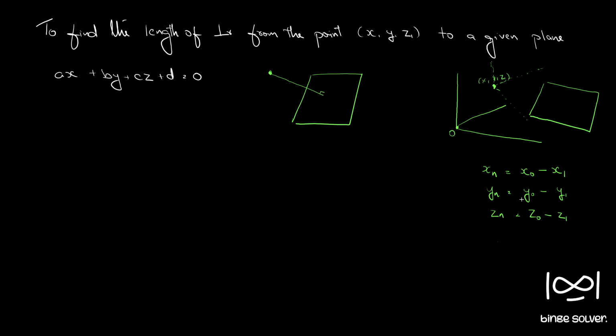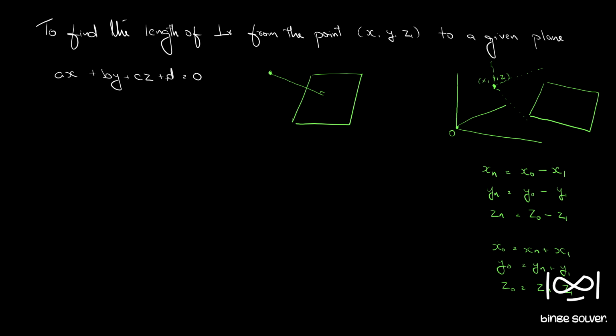What is x original? From this we know x original is nothing but xn plus x1, y original is yn plus y1, and z original is zn plus z1. We are going to use this substitution in the equation to get the new equation of the plane. Why we are shifting the origin will be clear in a few minutes.